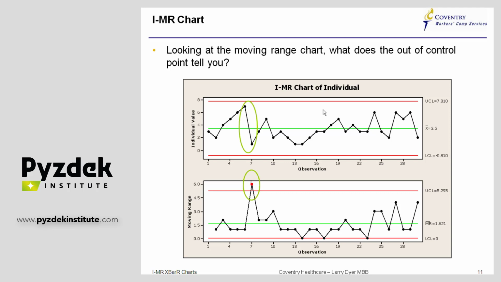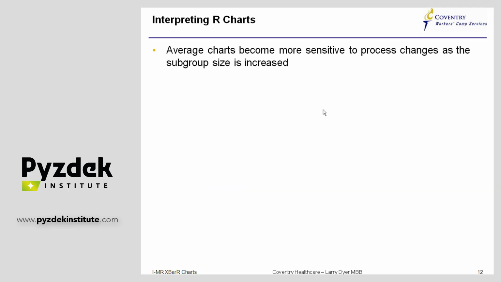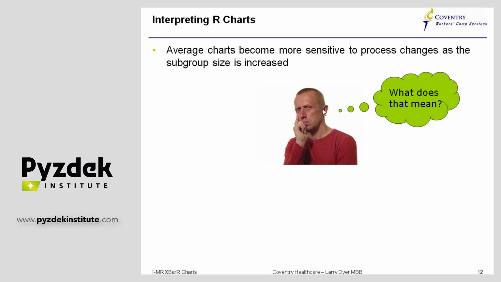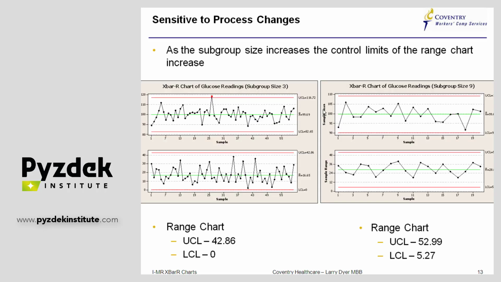Okay, so then average charts become more sensitive to process changes as the subgroup size increases. Well, what does that really mean? Let's take a look at this same data. The chart on the left shows glucose readings with a subgroup size of 3, and the chart on the right shows the same data with a subgroup size of 9.